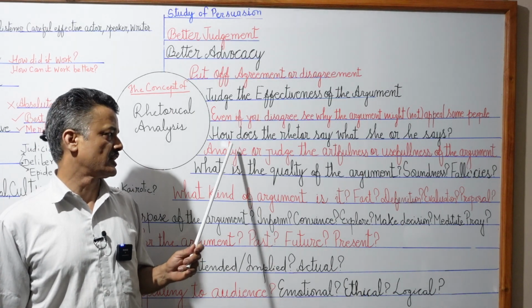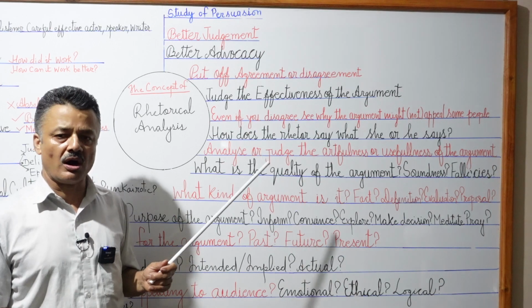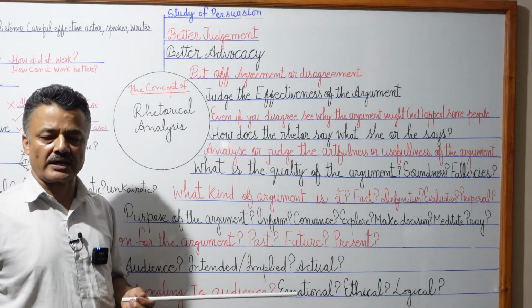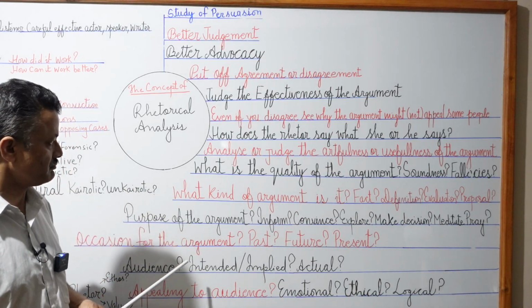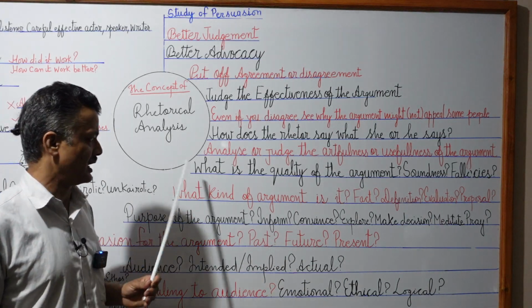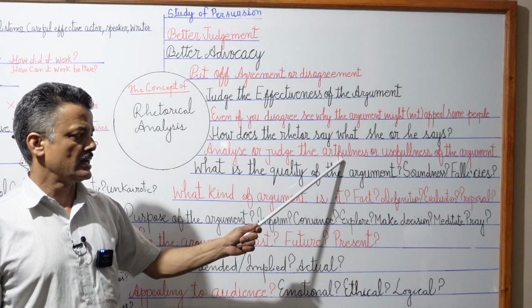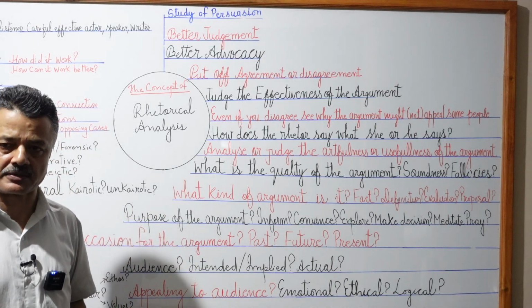Or does the writer make an ethical appeal like Fadiman? Or does the writer make an emotional appeal like Judith Ortiz Cofer? So in rhetorical analysis, we analyze and judge the artfulness and usefulness of the writer's argument.